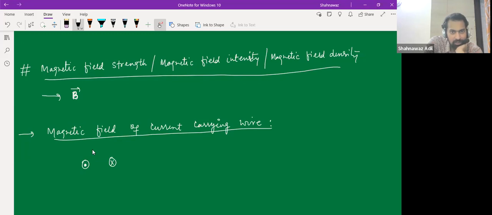Okay, Mariam and Aisha, you have forgotten. This is the outward direction and this is the inward direction.